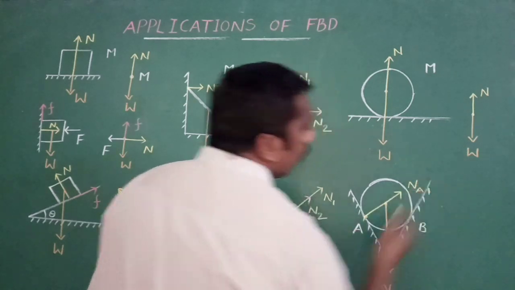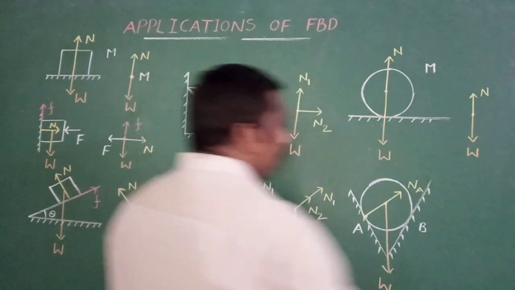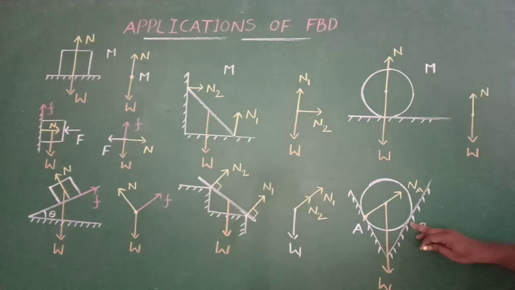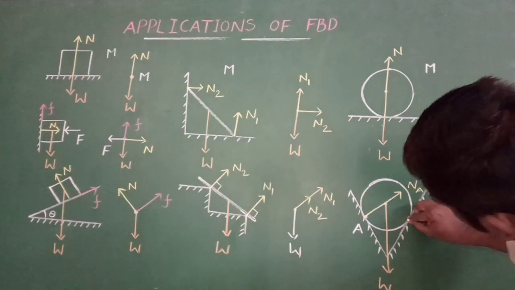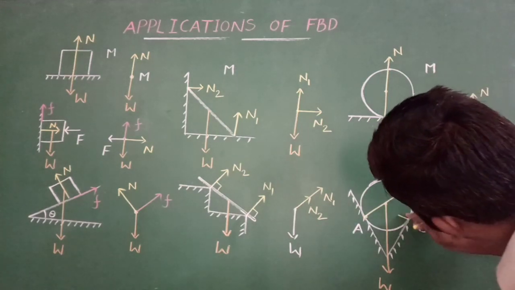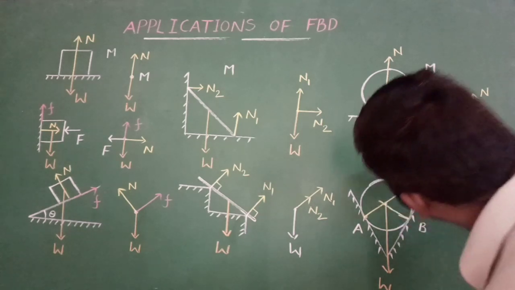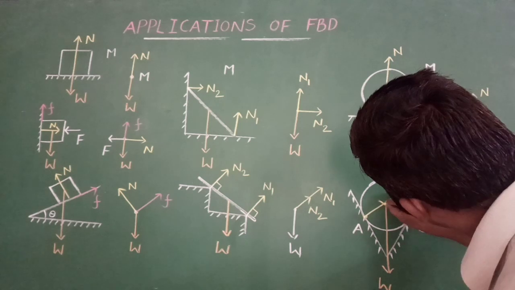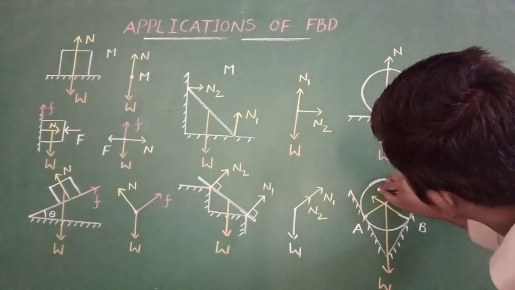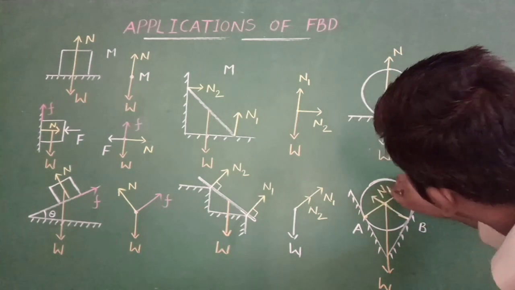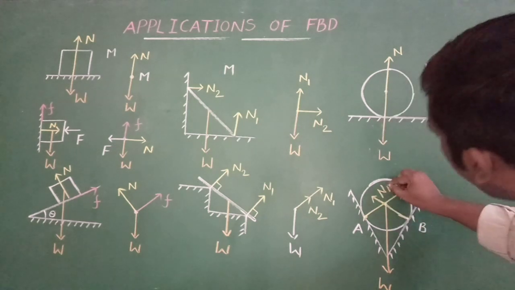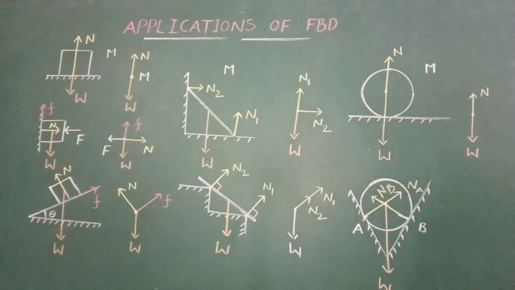So here NA will act in this direction. And the sphere has one more contact here, again you join the point of contact to the center of the sphere, it gives the other normal reaction. This is taken as NB. Like this, two normal reactions are acting on the sphere.